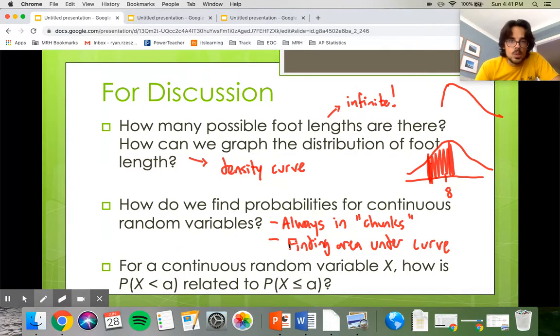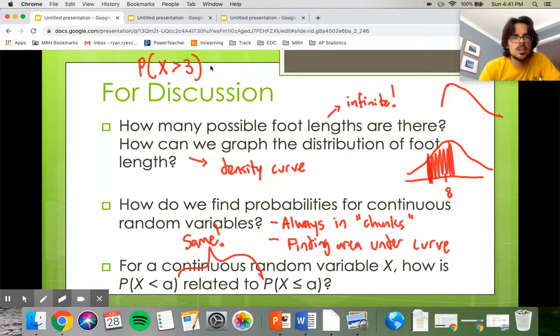Okay, so for a continuous random variable, this is a weird point right here that gets kids tripped up. The probability that x is less than a is the same thing as the probability x is less than or equal to a. In our last lesson, I made you do a problem. I think one of them was x is greater than 3, and one was x greater than or equal to 3.